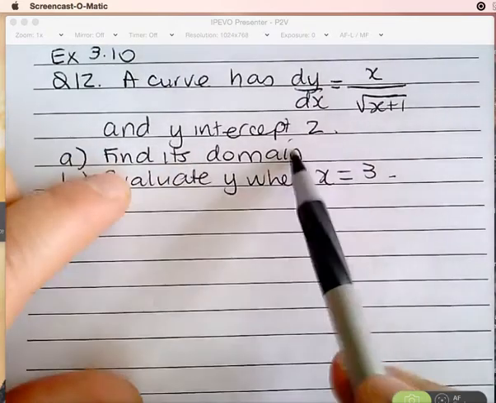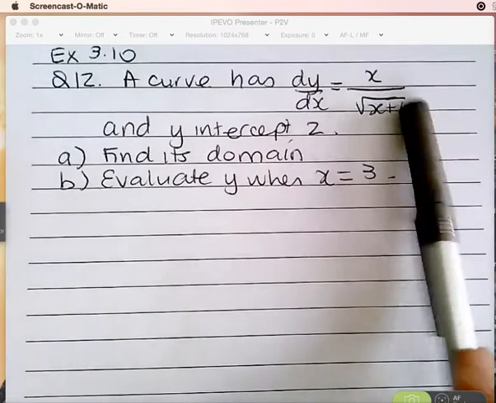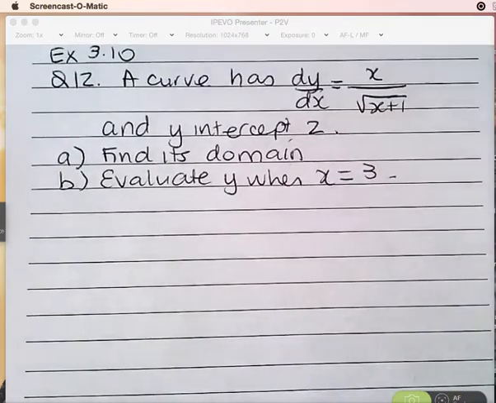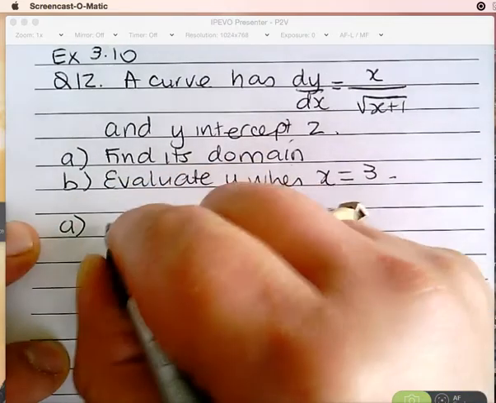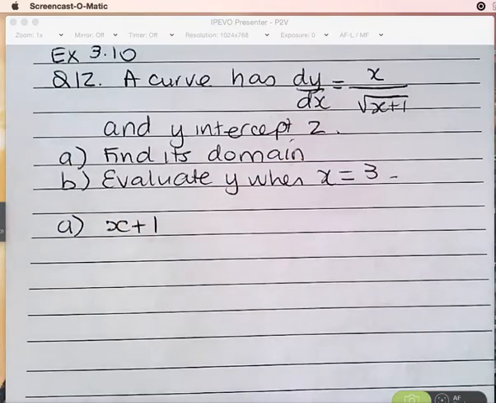So they're saying find the domain. What's that got to do with? The x values that are allowed. And what does that depend on? The denominator. So tell me something about that x plus 1. It has to be positive. Can it equal 0?